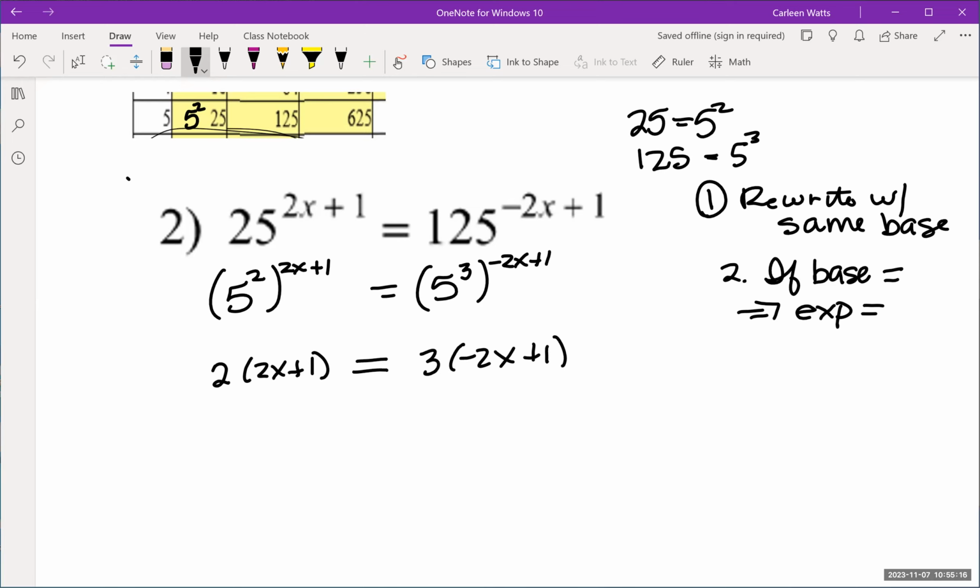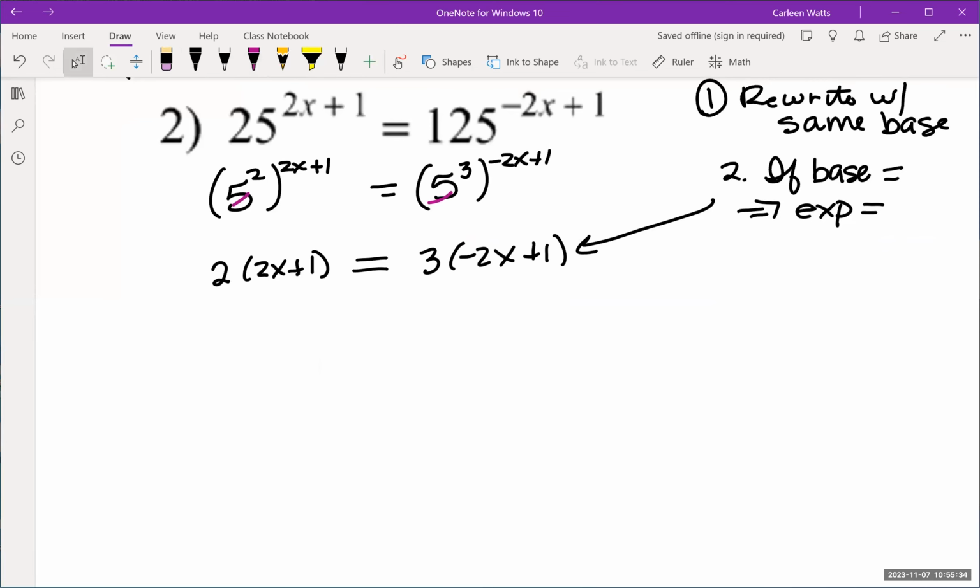That statement just said the exponents are the same. So what it looks like is magic, poof, the bases disappear. Because if the bases are the same, then the exponents are the same. Probably getting tired of me saying that over and over. Okay, let's solve. What's my next step?